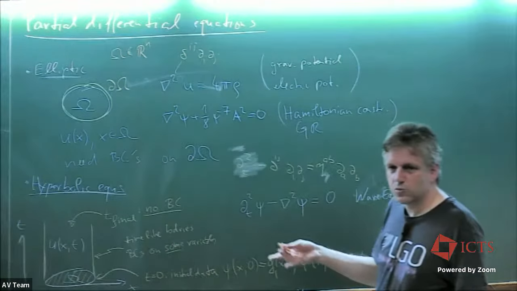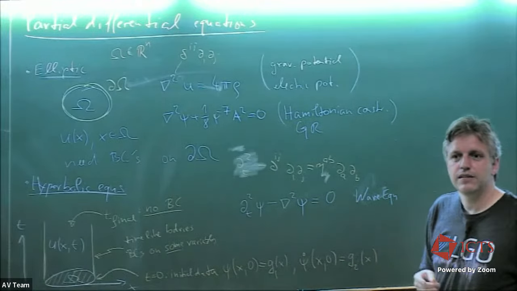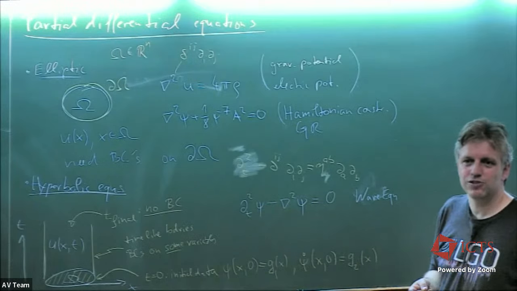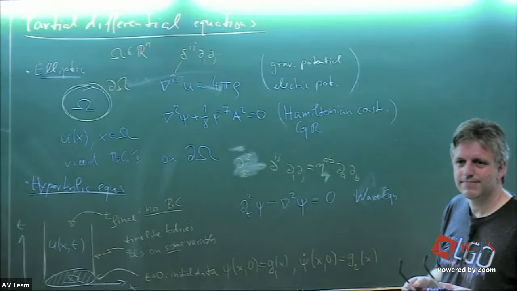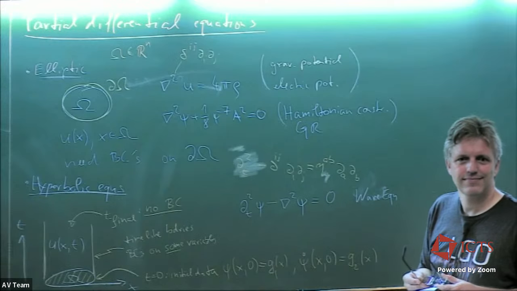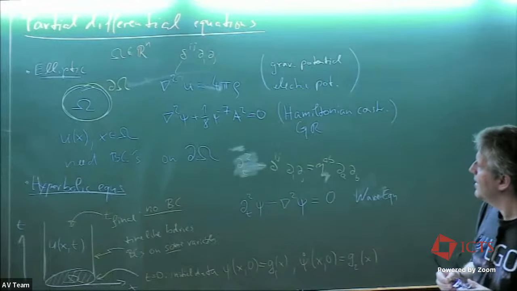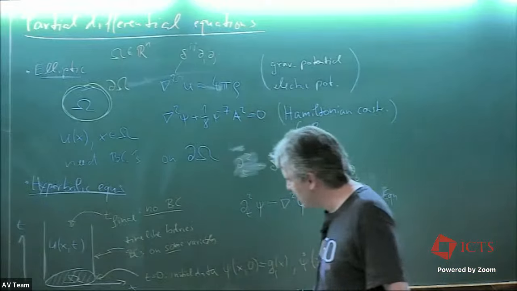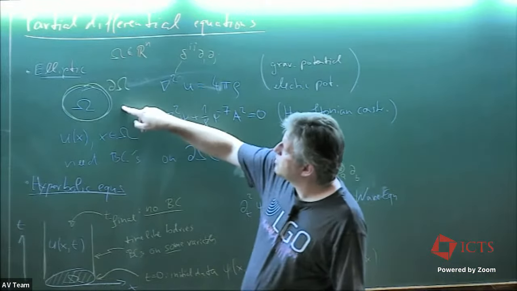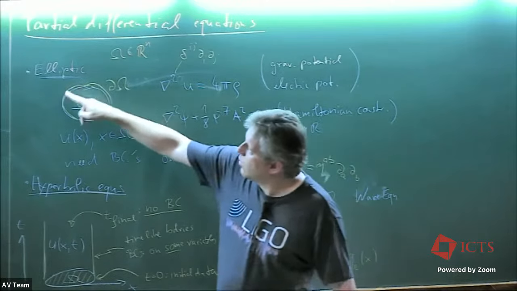For our purposes, usually just the real line, but in many other problems it's three, because we have three spatial dimensions. So those two things are fundamentally different. Here we need one boundary condition per variable all around.